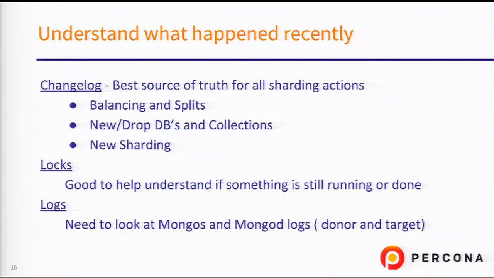The locks helps you understand not just what is currently running, because there's a state field for each entry in the locks database. If it's 0, that means it's unlocked. If it's like 1 or 2 or something like that, that means it's currently locked or doing something. And it has a timestamp of the last time it was updated. So you can say, oh, I was doing a migration yesterday at 3 o'clock.